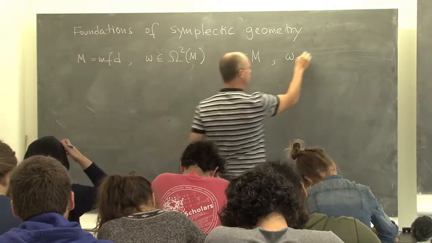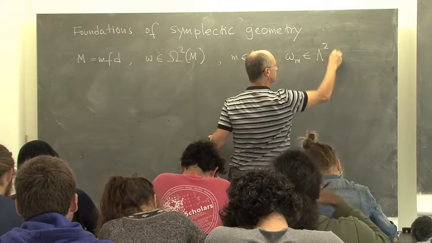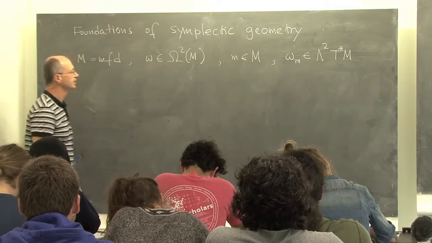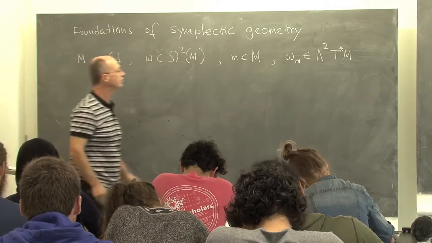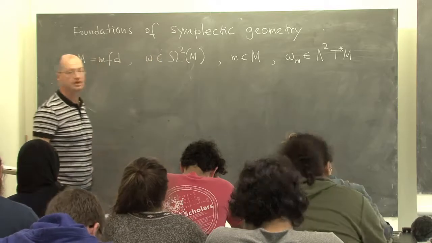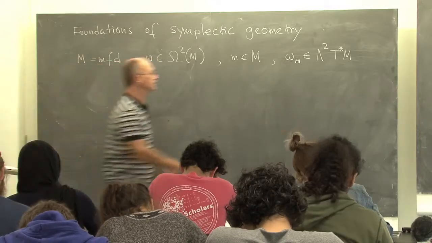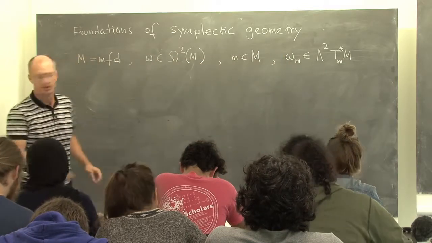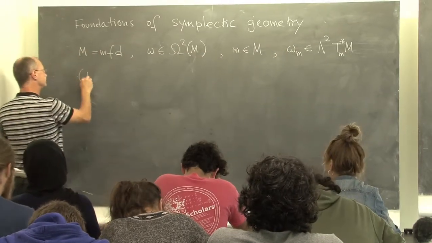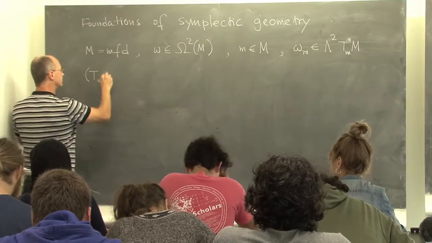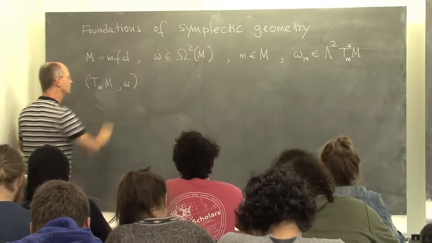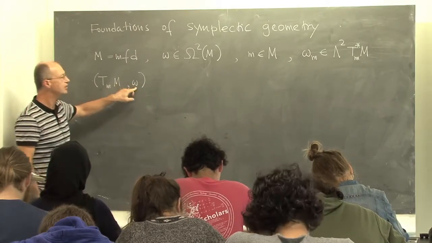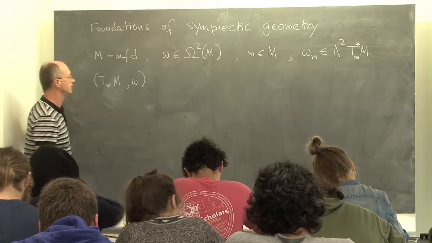At the point m, it's a skew-symmetric bilinear form on the tangent space, or an element of the second exterior power of T star m M. We were discussing this situation last time. So we have a vector space, the tangent space at the point m, and the skew-symmetric bilinear form.